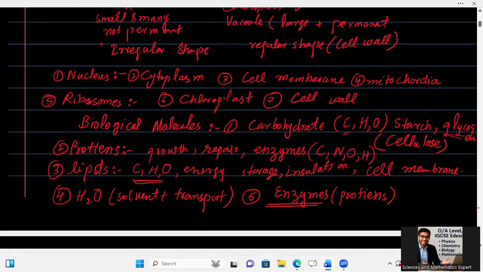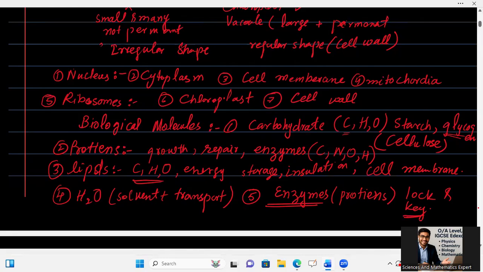And how does an enzyme work? Basically the lock and key hypothesis. The lock and key model supports that there are active sites on the surfaces of the enzymes where the substrate fits on the enzyme's active site and is converted into product.